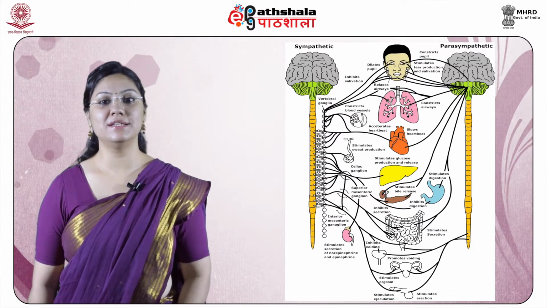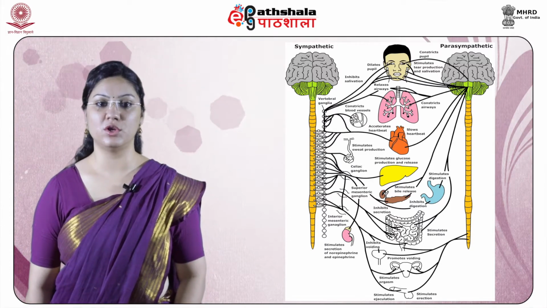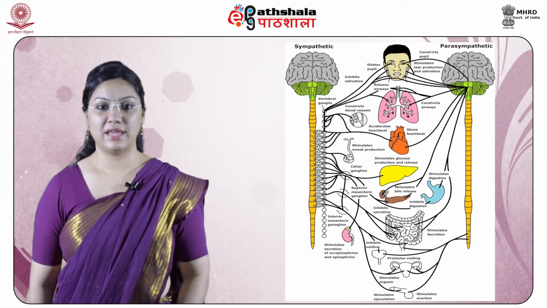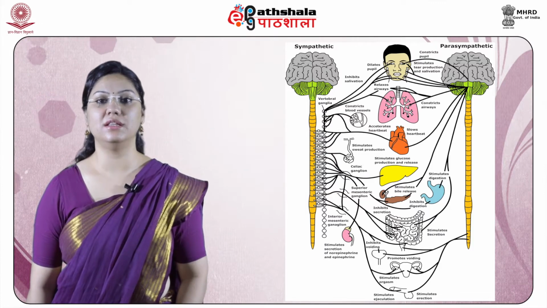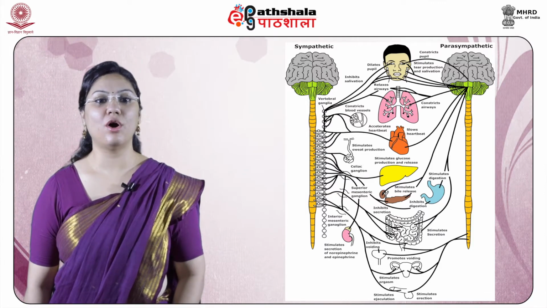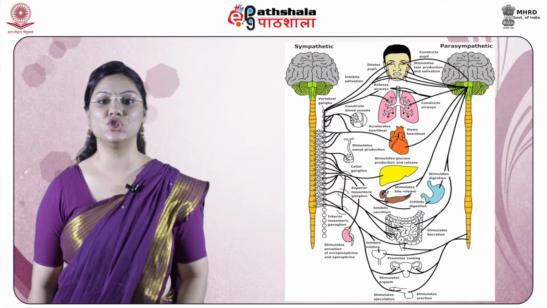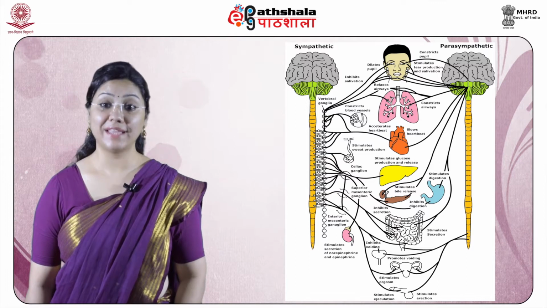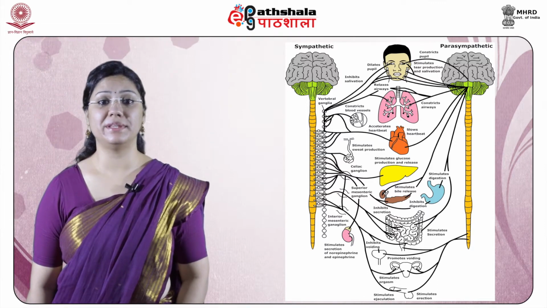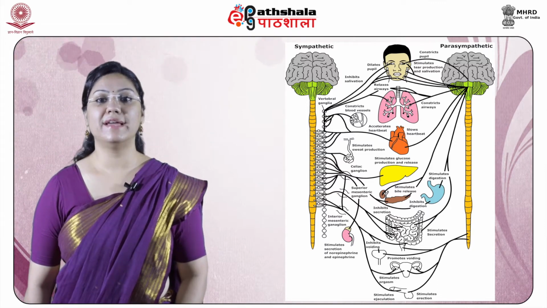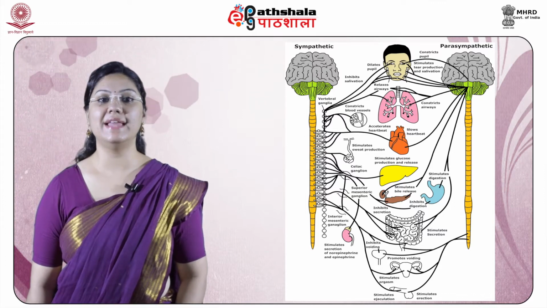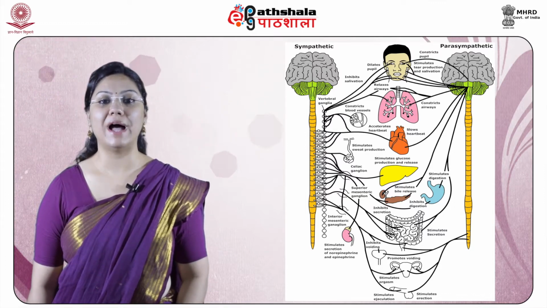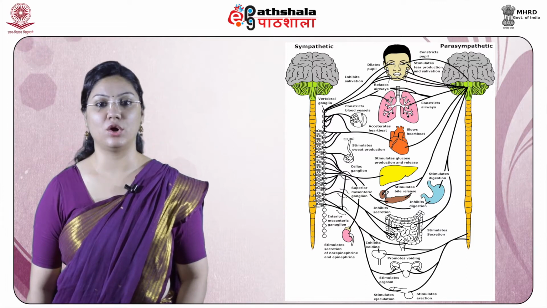The sympathetic nerves are those motor nerves of the ANS that project from the CNS in the lumbar, small of the back, and thoracic, chest regions of the spinal cord. And the parasympathetic nerves are those that project from the brain and the sacral, lower back region of the spinal cord.